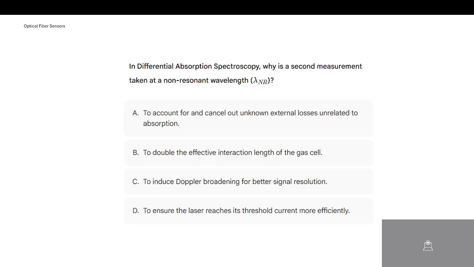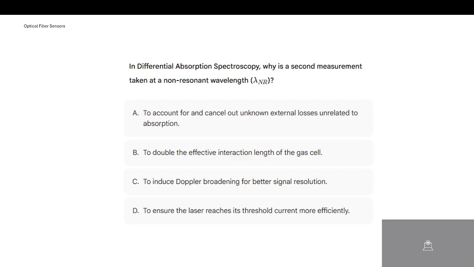Okay. Moving towards the next question, which is, in differential absorption spectroscopy, why is the second measurement taken at a non-resonant wavelength lambda nr? A, to account for and cancel out unknown external losses unrelated to absorption. B, to double the effective interaction length of the gas cell. C, to induce Doppler broadening for better signal resolution. D, to ensure the laser reaches its threshold current more effectively.